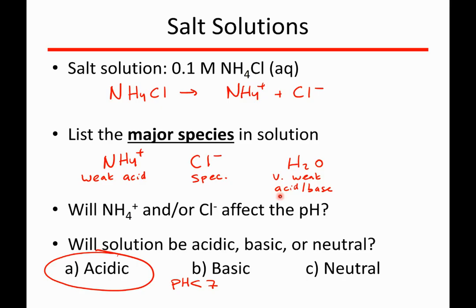Now, water could act as an acid or a base, but because NH4+ must be an acid, that means that water must act as a base in this reaction. That will help us to correctly predict the products of the reaction. We can write this reaction first, maybe by doing NH4+ plus water.